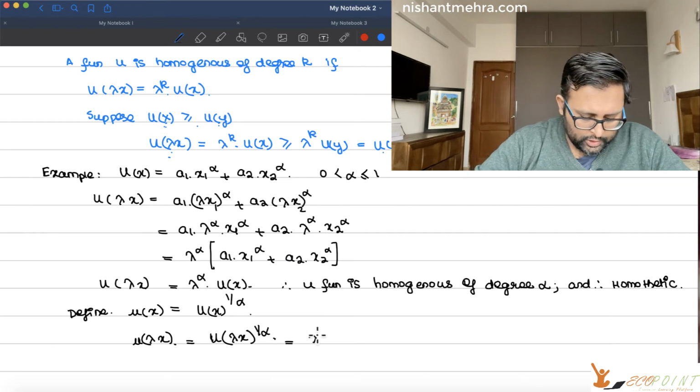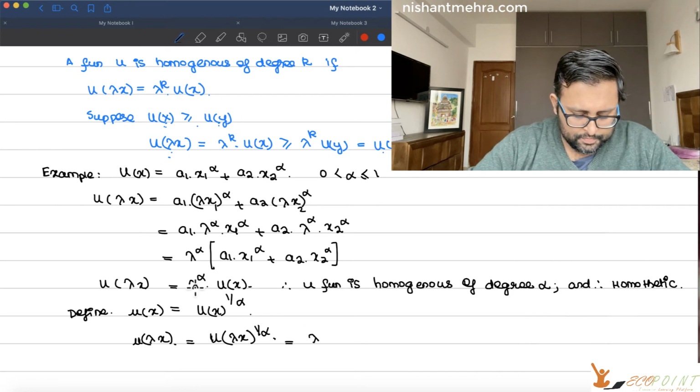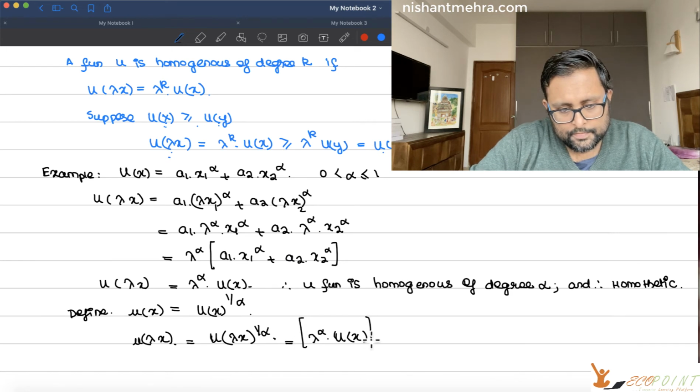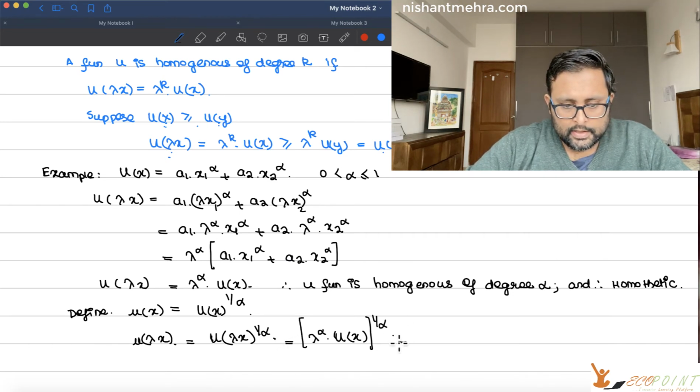It becomes lambda to the power alpha, capital Ux to the power 1 upon alpha. I can write like this, right? I can write like this, and this thing becomes what then?